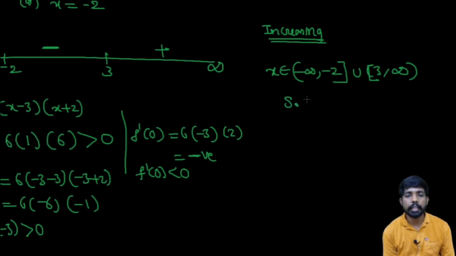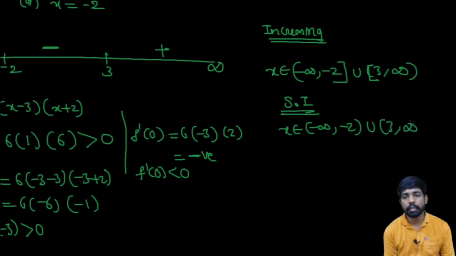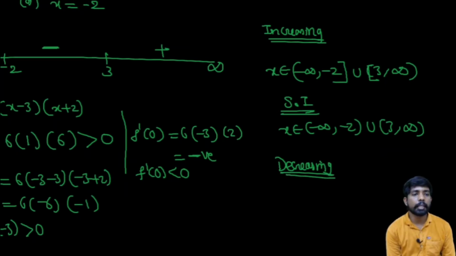Next is strictly increasing function. Strictly increasing function is x belongs to minus infinity to minus 2, but here we are not including minus 2, and 3 we are not including, nor infinity. This is strictly increasing. Next, decreasing function. The condition is negative slope gives you decreasing.